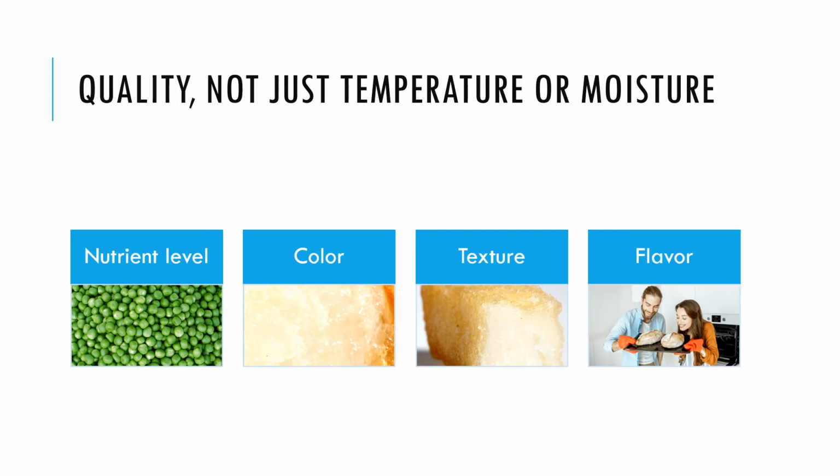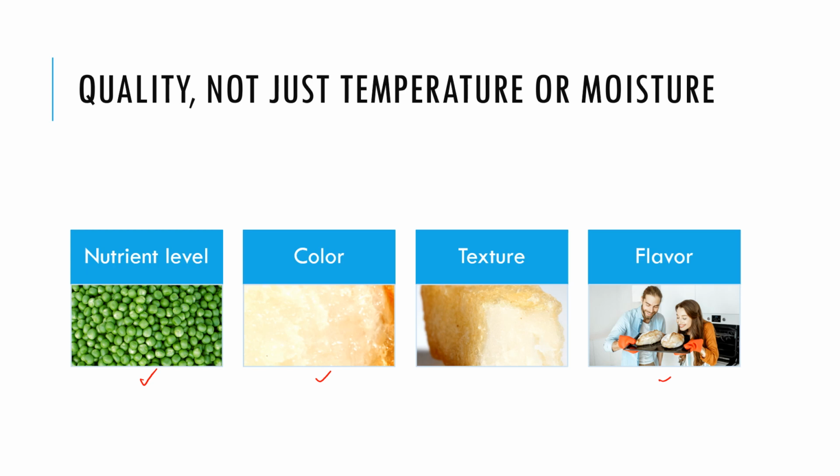Now, in each of the examples here, whether it's peas or the French fry or the bread, of course, the temperature history or the temperatures and moisture or the moisture history, they all matter. But the quality that we are talking about is more than just temperature or moisture, obviously.